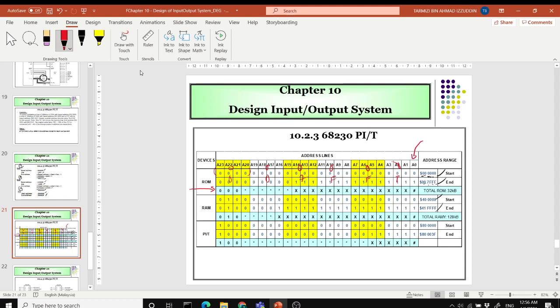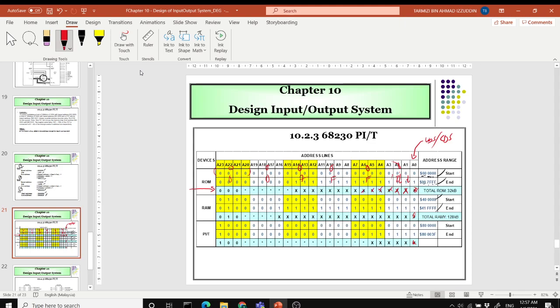Why except for this A0? This is connected to your upper data strobe and your lower data strobe. So we denote it by a hash symbol here. So everything else that changes from 0 to 1 is denoted by X. This also changes from 0 to 1, denoted by X, and so on and so on.